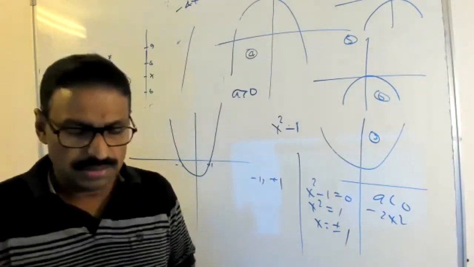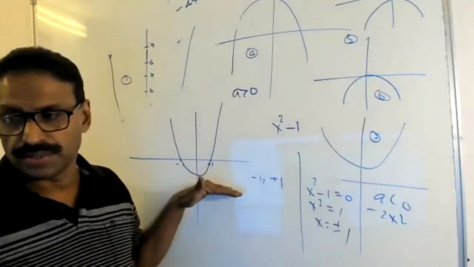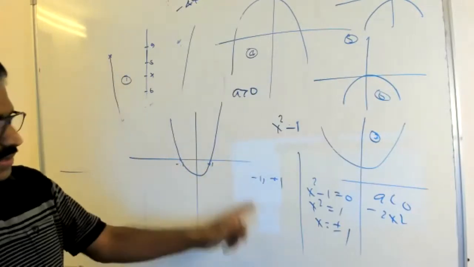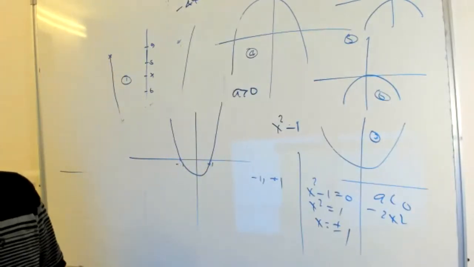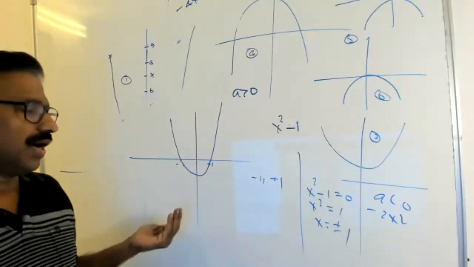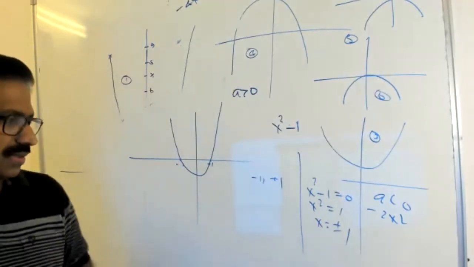Okay, now here 3 questions. Question number 1, what are the zeros? Minus 1 and plus 1. What are the coordinates of the zeros?